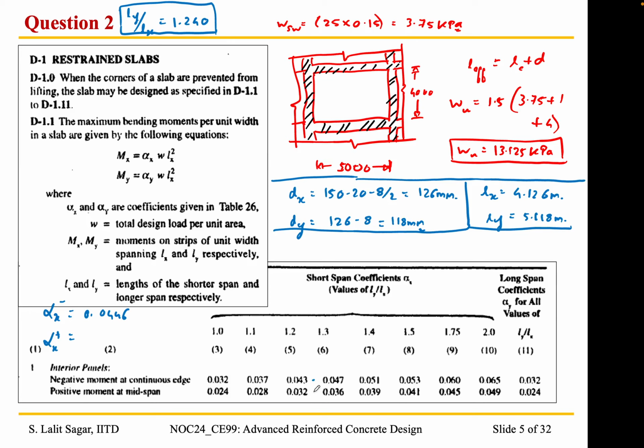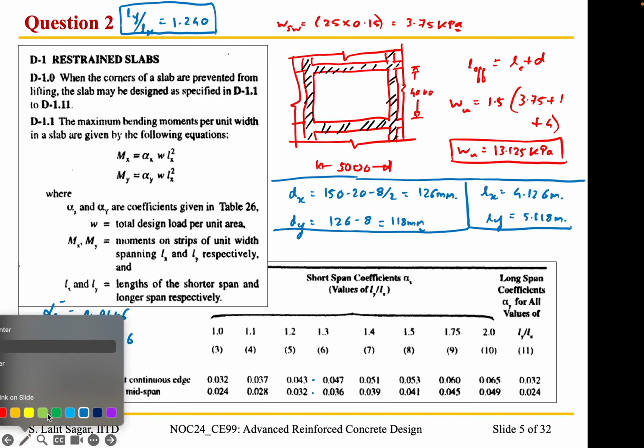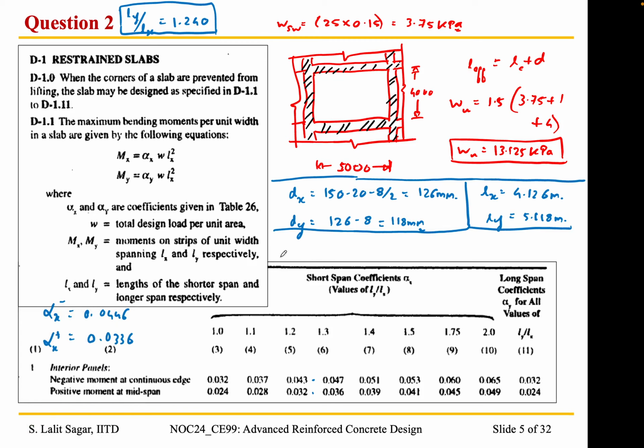Similarly for alpha x positive also, it has to be between these two values. I'm getting a value of 0.0336. Now I will write the equation, and you can help me to simplify that and obtain the right answer.